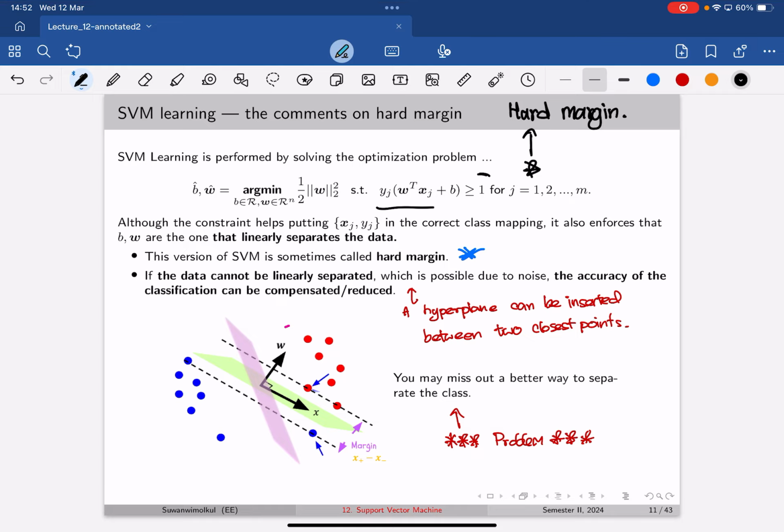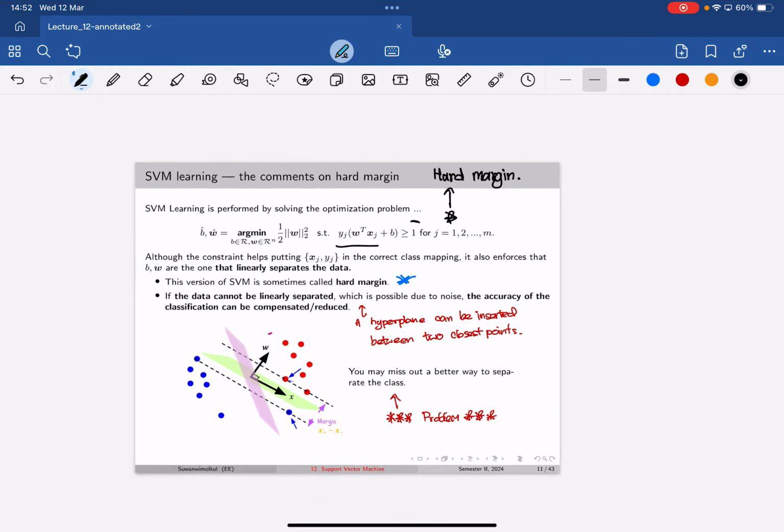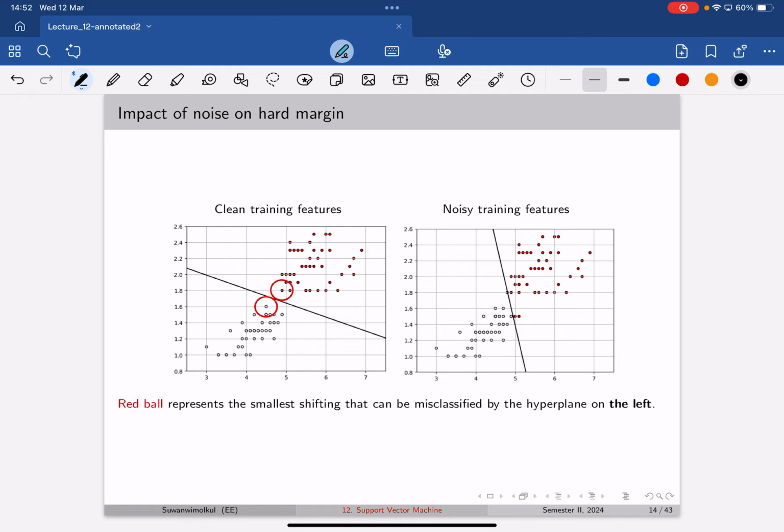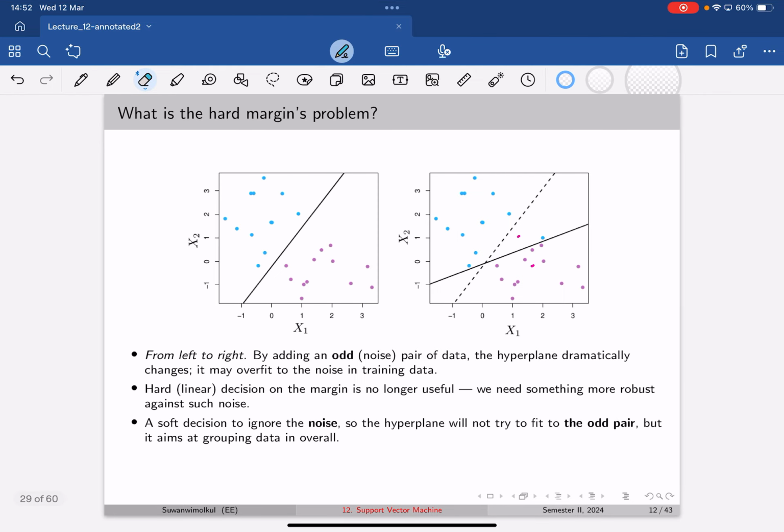So that's the thing about SVM. Here is just an example of what it's like. Hard margin SVM cannot be used in the case where data is crossing one another. Actually, it starts to have problems even when the data isn't crossing, but nearly there.